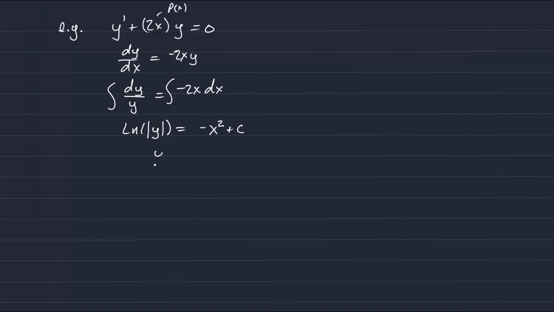And therefore we get y is equal to a e to the minus x squared. Okay, and again, A can be positive or negative because e raised to the c power can be positive or negative to solve this equation. Okay, that's our general solution.